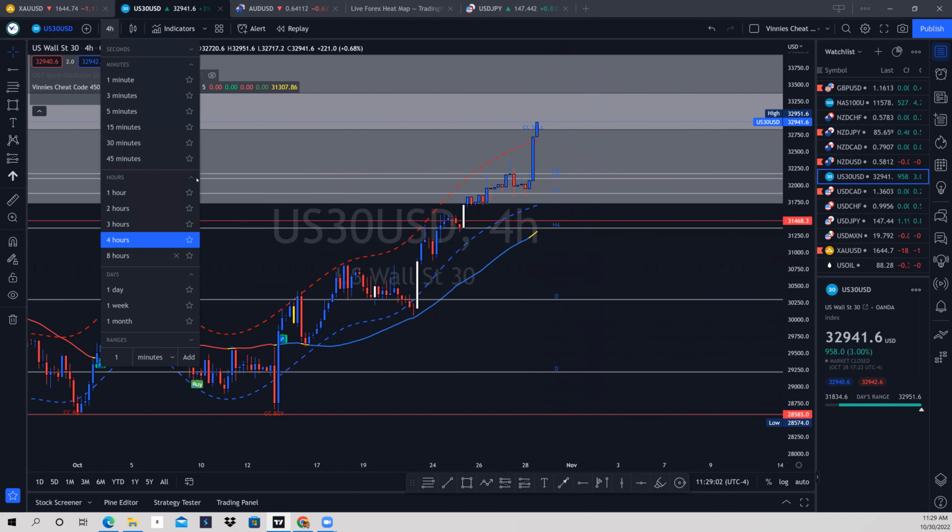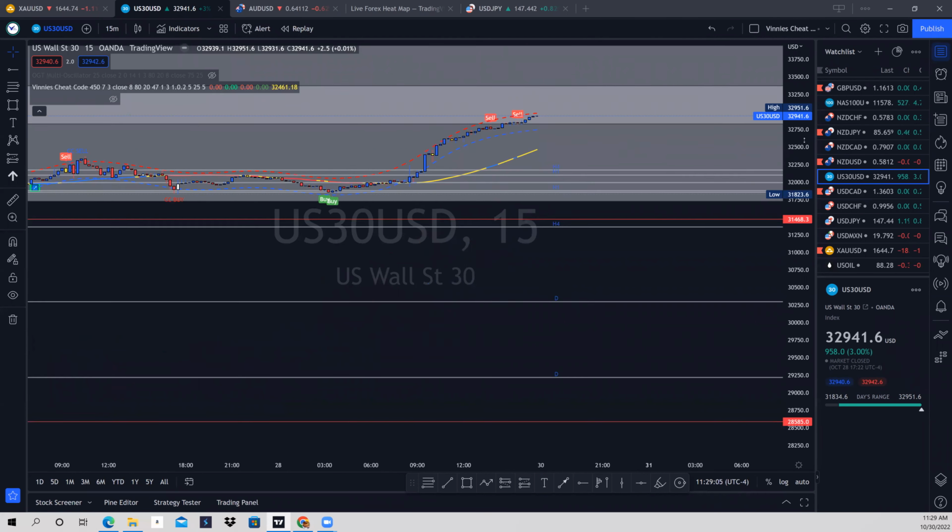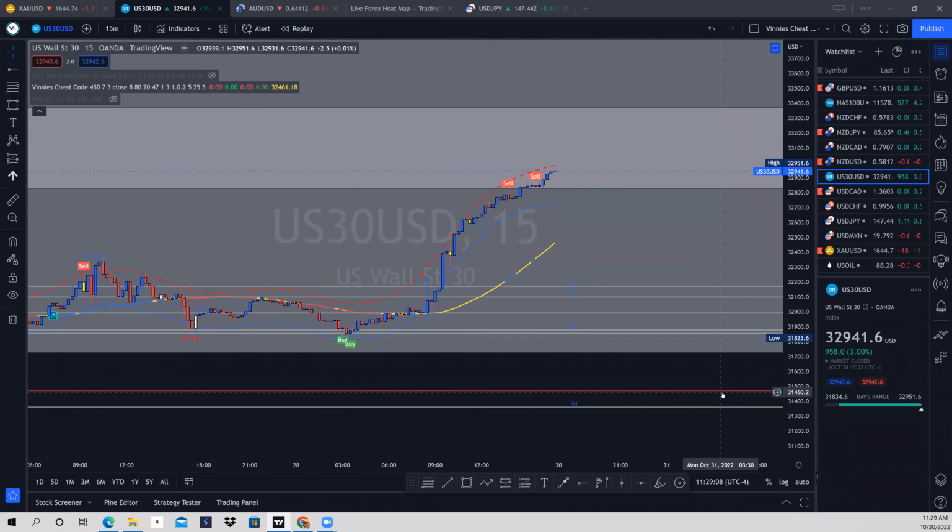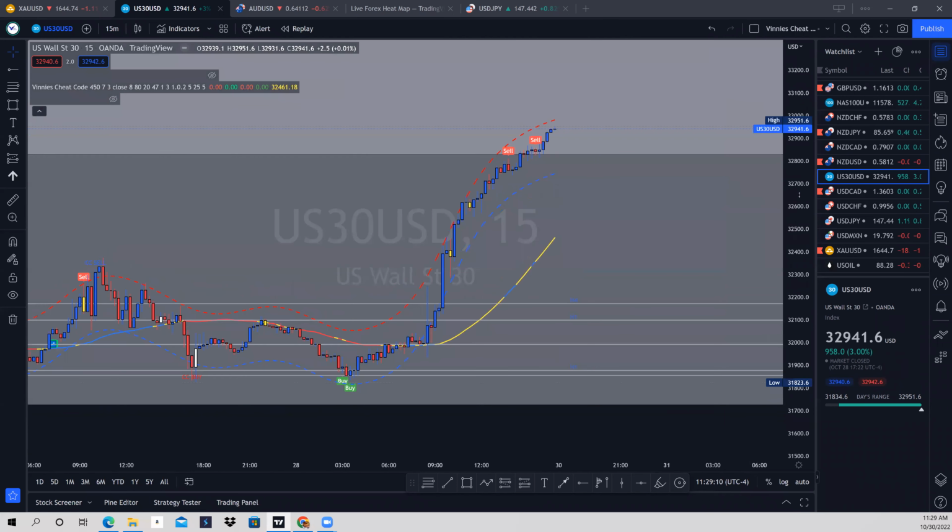So next thing you would do is go down to your 15-minute time frame. Once you got it, you have a sell signal already. These are divergent sell signals. This is what gives you indication that price wants to reverse. So you have these red sell signals.